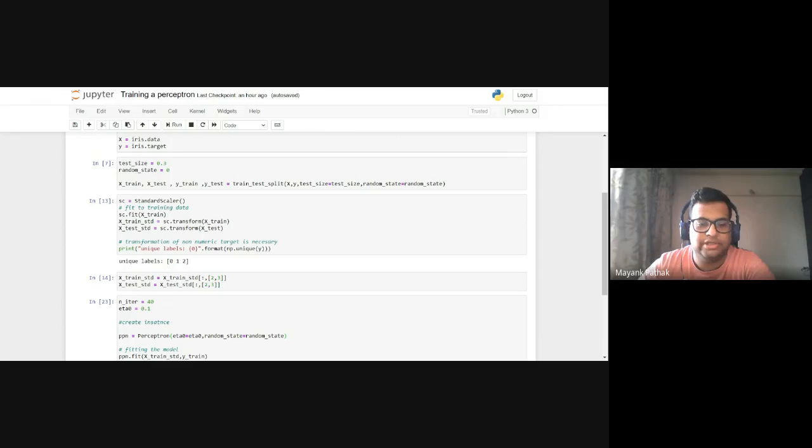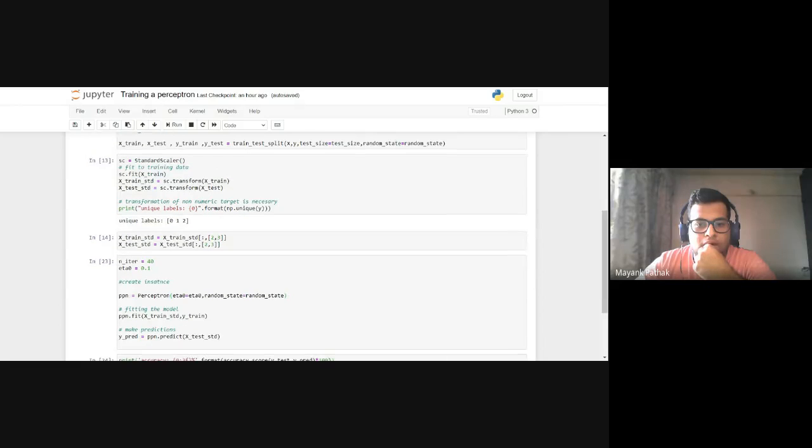The random state is how much randomness you need to add while training, so we have given the zero value. So we have split X train, X test, Y train and Y test into the respective proportions.